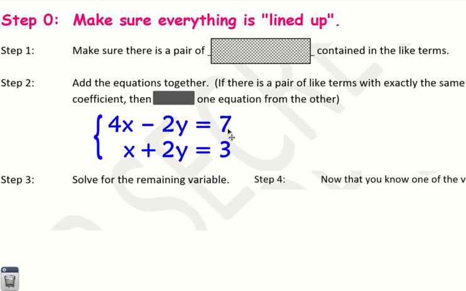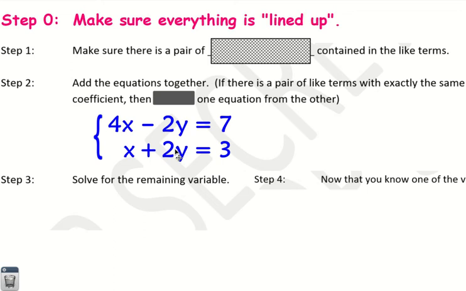So everything's lined up, because think about it, if the overall strategy is to add the equations together, isn't it nice if the like terms are lined up? So that's step 0. Make sure everything is lined up: x's, y's, equal signs, number constants.